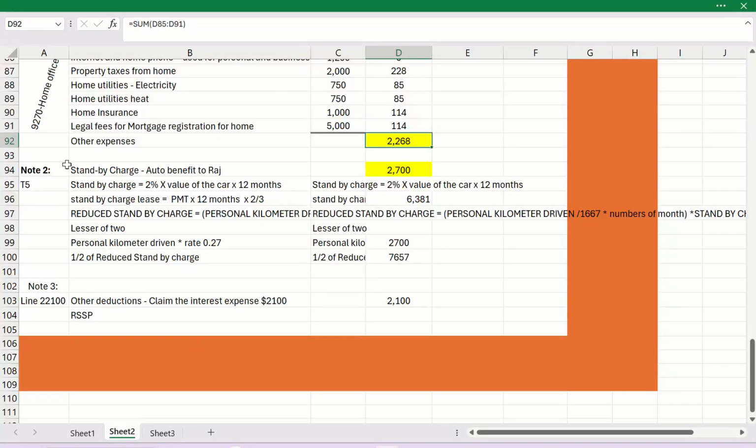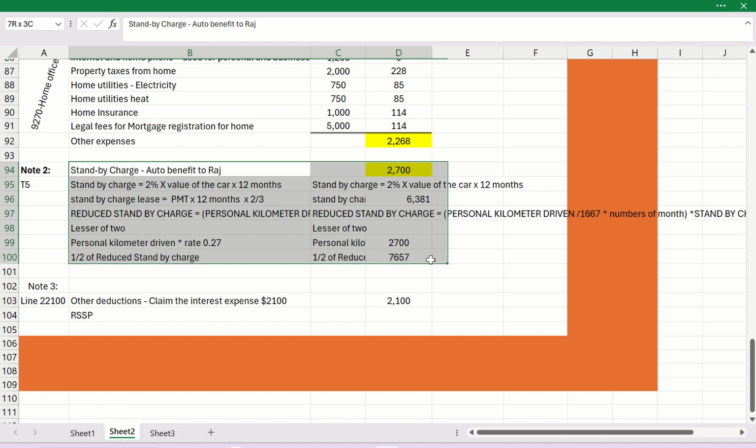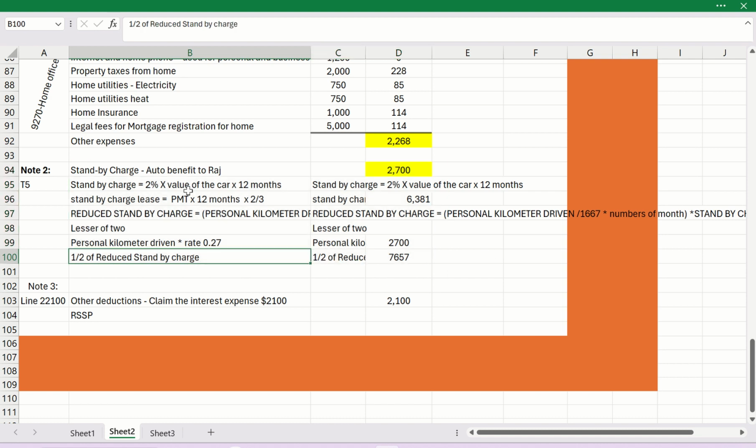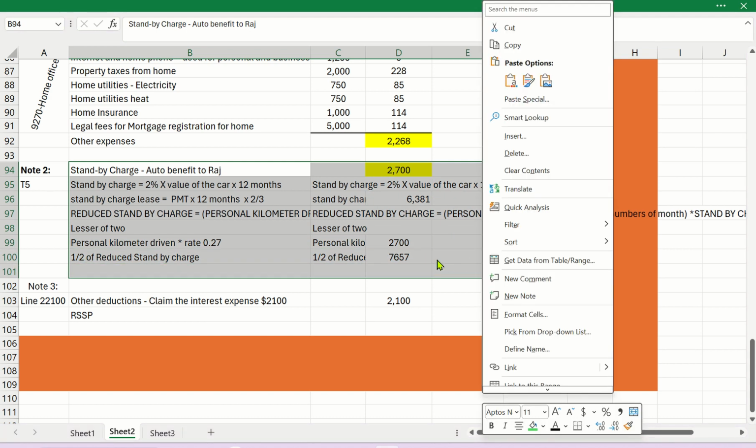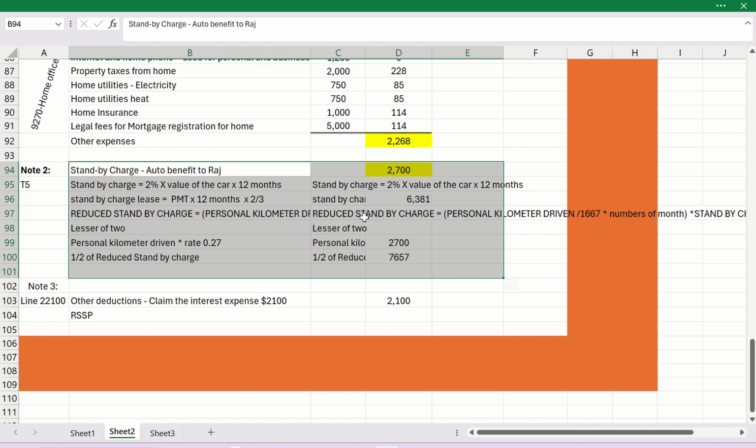And this is something that I want to talk to you about because the lawyer used the vehicle. The vehicle is actually leased by the corporation. He used the vehicle personally. He drove about 10,000 kilometers.